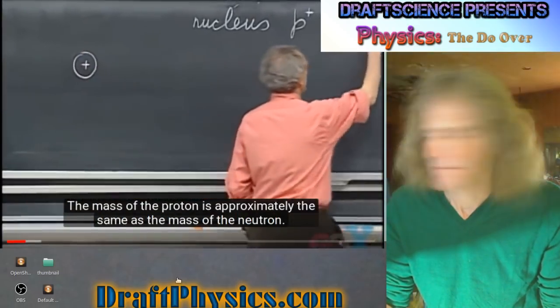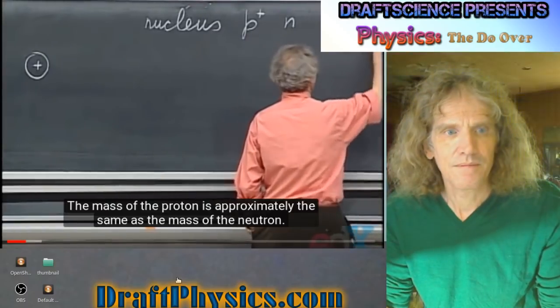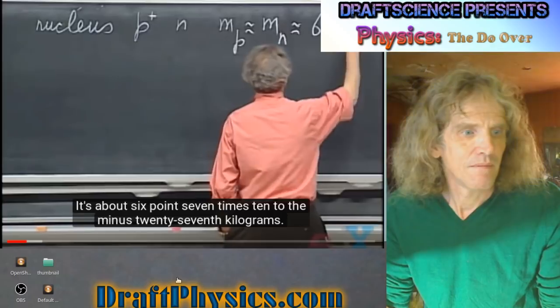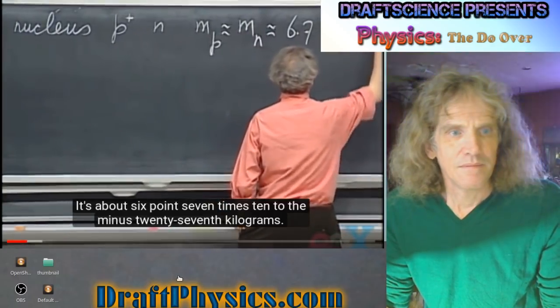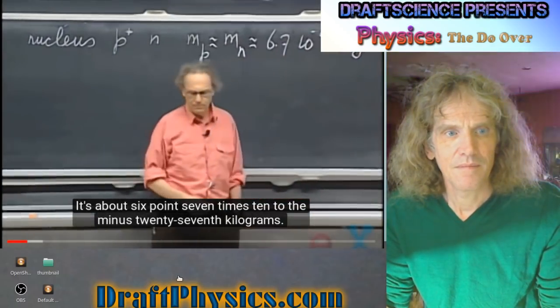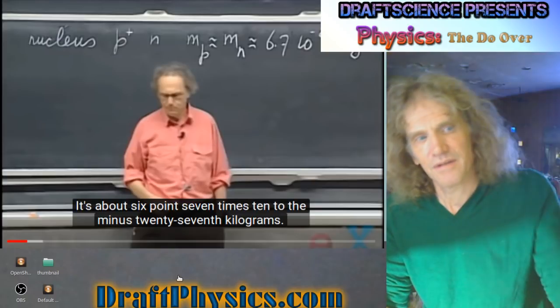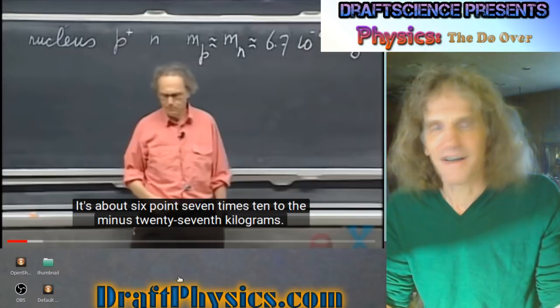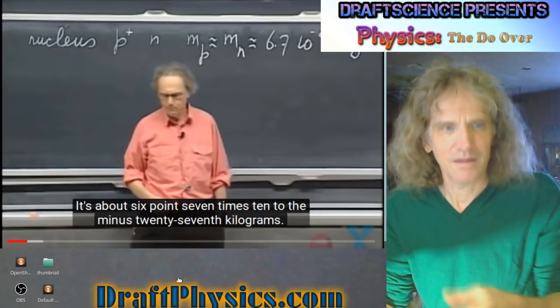The mass of the proton is approximately the same as the mass of the neutron. It's about 6.7 times 10 to the minus 27 kilograms. Right, so these numbers are, they know neutrons decompose into a proton and an electron.